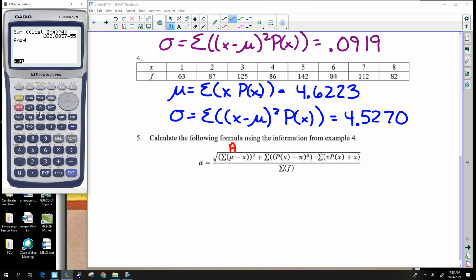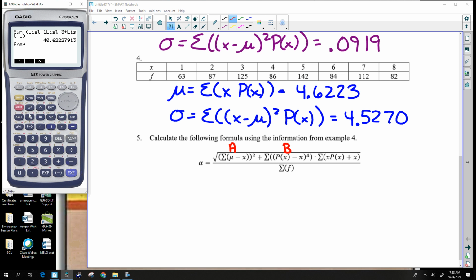Okay, and this is going to be stored as the letter B. On to the letter C, which is going to be the sum, open, x px plus x, closed.